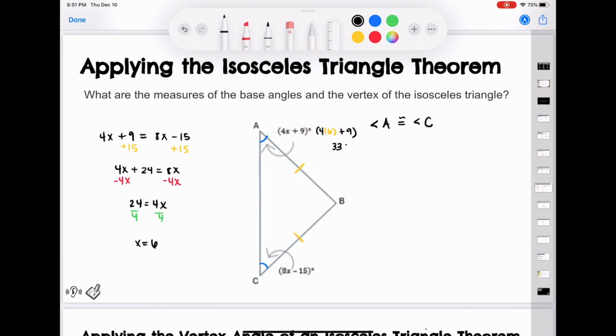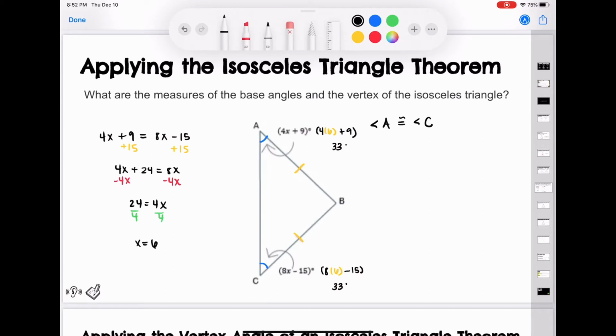I'm just going to double check the bottom one just to show you that congruency. That gives me 48 minus 15, which is 33, and thus I have my two congruent base angles.